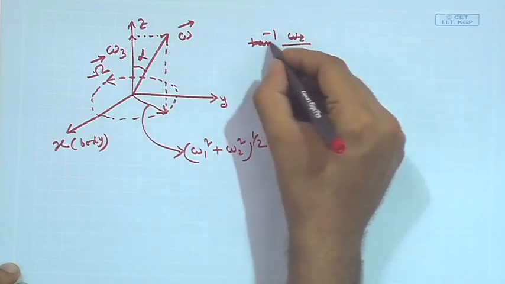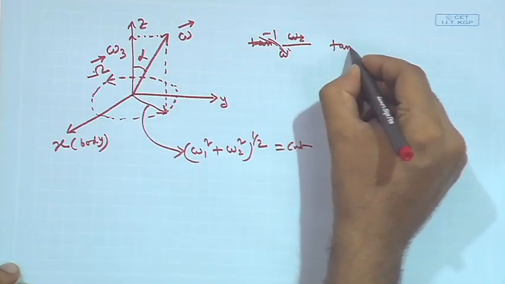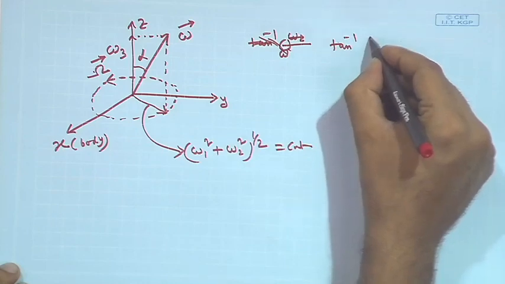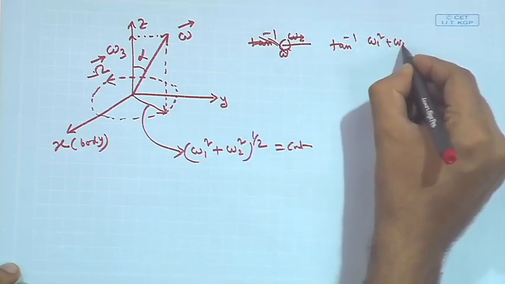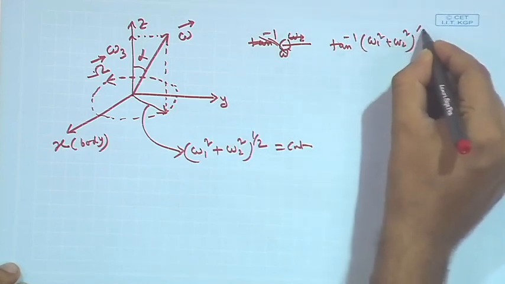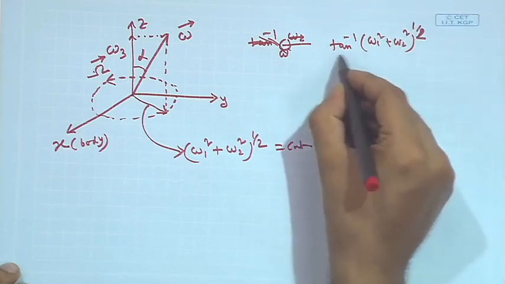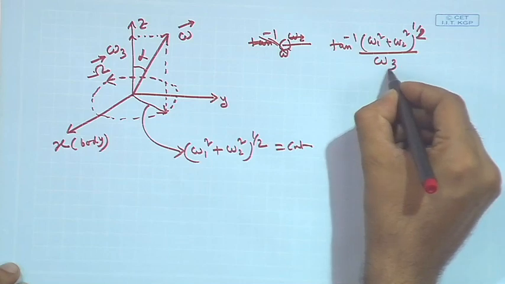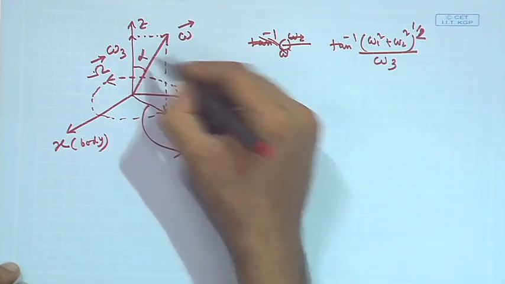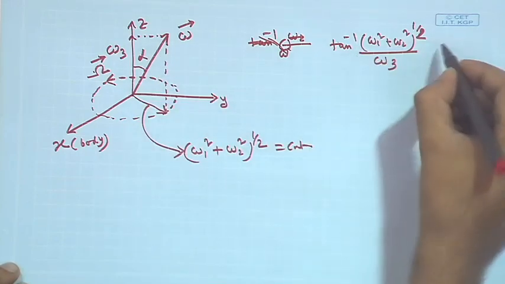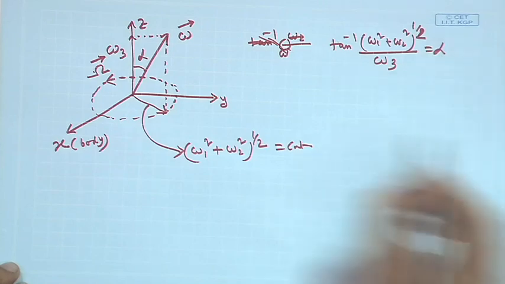No, I am just writing it wrong. It will be omega 1 squared plus omega 2 squared to the power half, divided by omega 3, right. So, this angle is constant, this is equal to alpha, right.